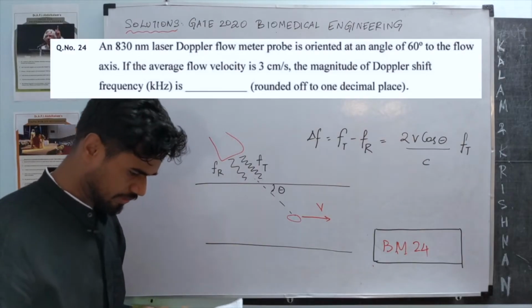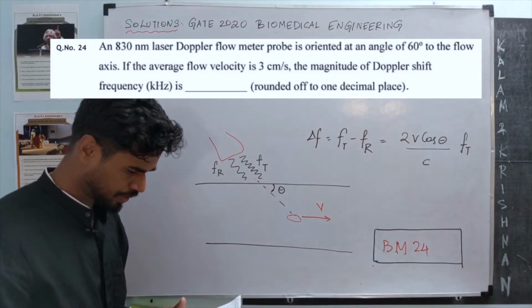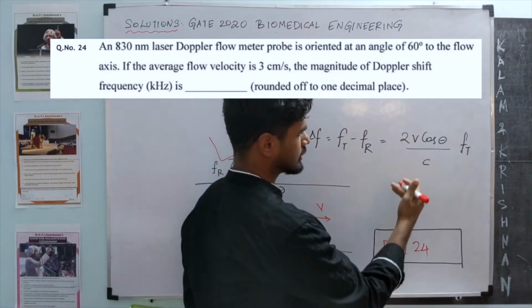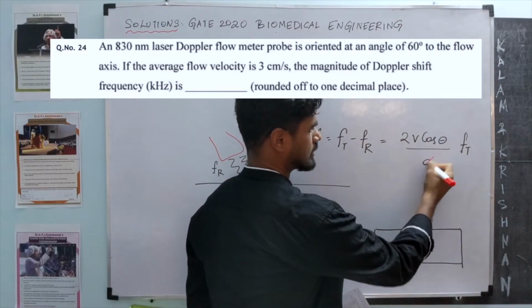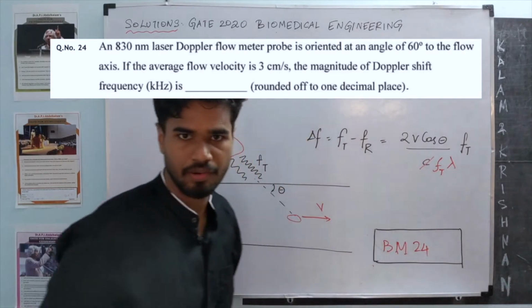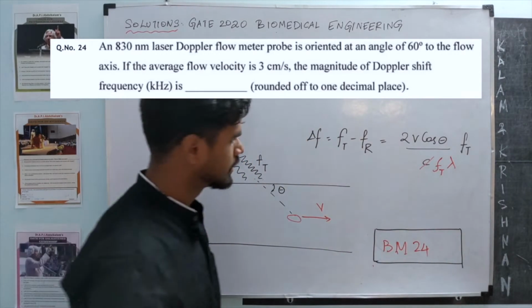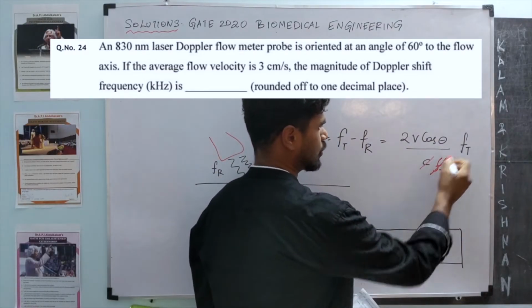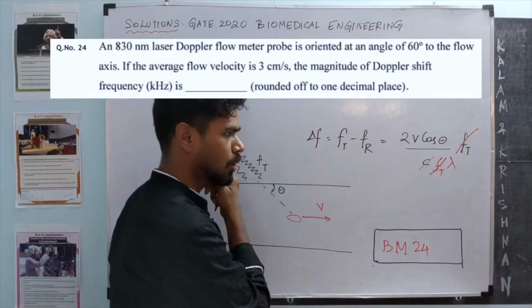Based on the information given here, we are given the wavelength of the Doppler flow meter. So let's rewrite this a bit. c is frequency times lambda, so once we do that, ft is not needed to calculate the Doppler shift.